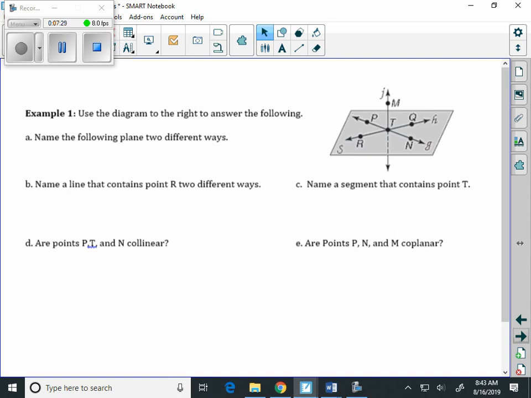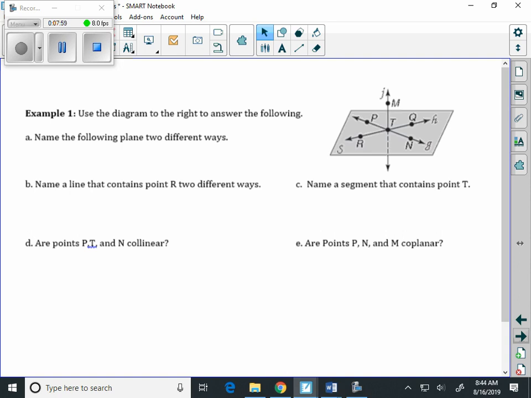Not every single person in this room necessarily is going to have the same answer, so you're getting just kind of my answers, so to speak. It says use the diagram at the right to answer the following, and it says name the following plane. So this picture here is a plane, and there's lots of options.